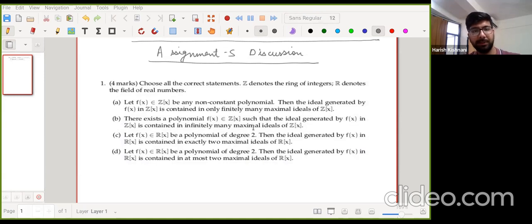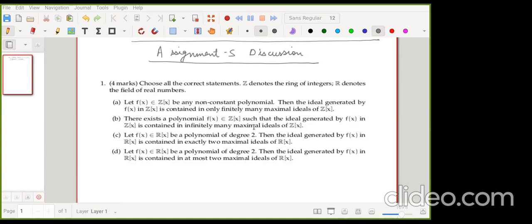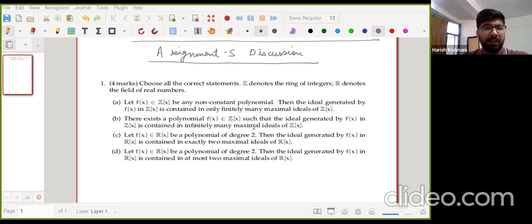Then the ideal generated by f(x) in the polynomial ring over integers is contained in only finitely many maximal ideals. And the second option is just a counter statement to the first one, which says that the ideal generated by a polynomial in the polynomial ring over integers is contained in infinitely many maximal ideals. So definitely one of them is correct.